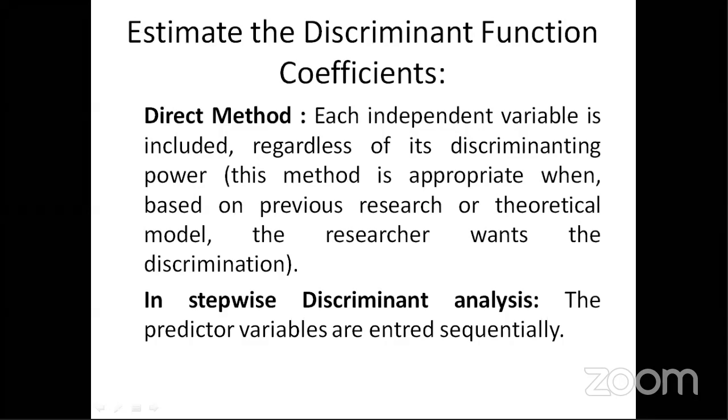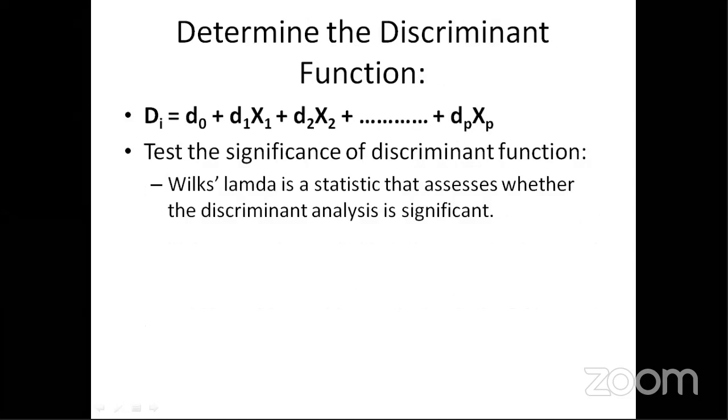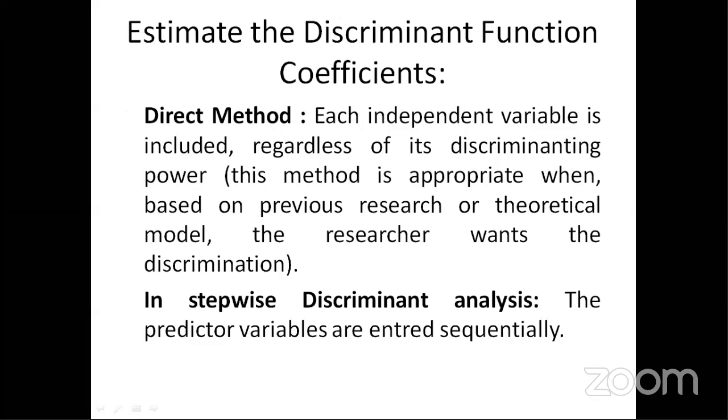But in stepwise we take one by one. First we take one independent variable, then we see the discriminating power of that variable, and after that we take another variable and see its discriminating power, and finally we select how many independent variables we should consider for the discriminant analysis.